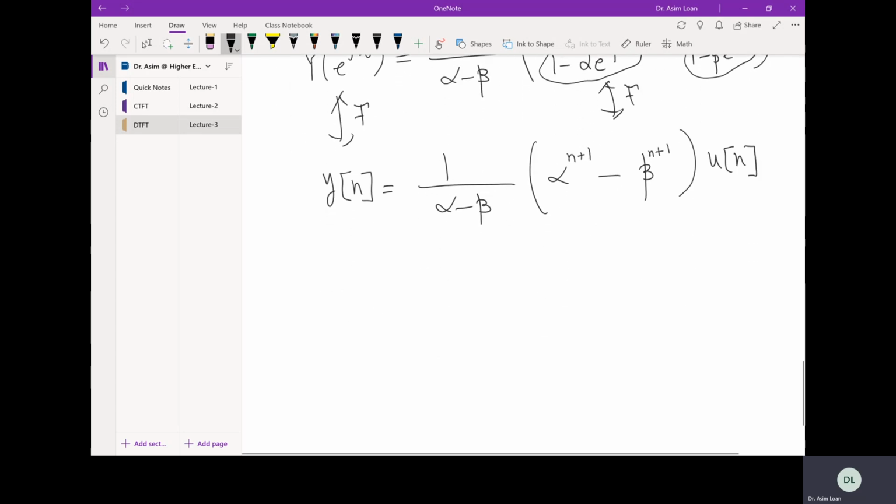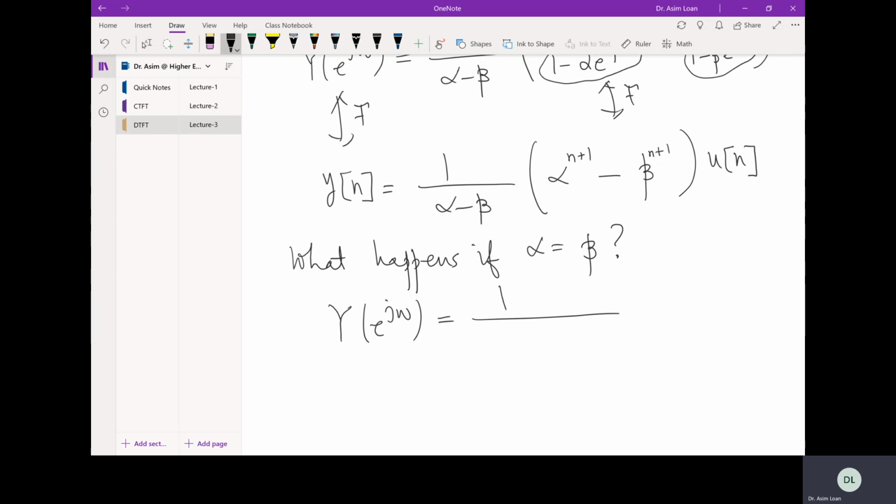Okay. What happens if alpha is equal to beta? If alpha is equal to beta, Y of e^{j omega} is simply 1 over 1 minus alpha into e^{-j omega} whole square.